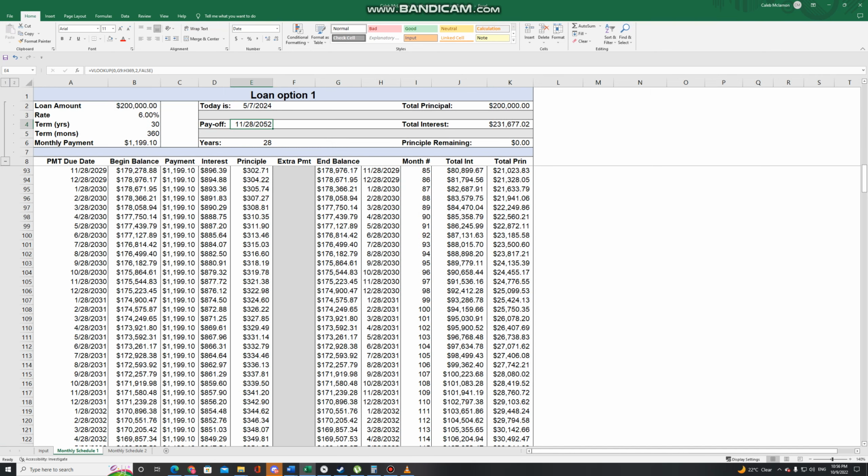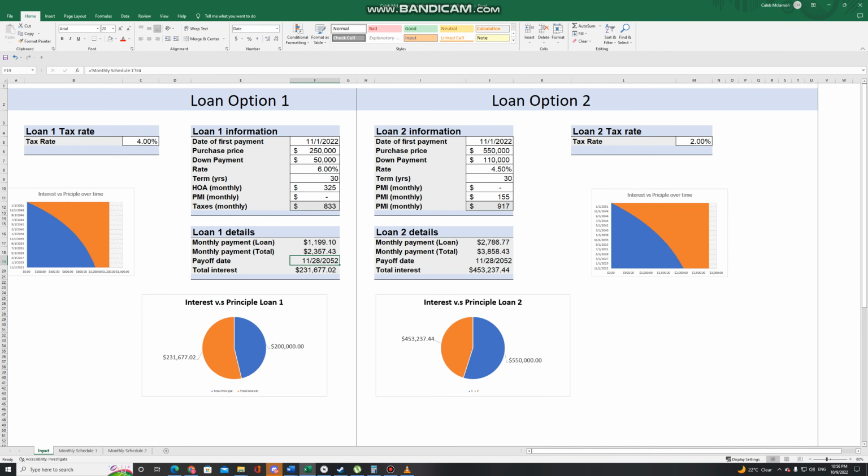Technically, if you're saying it's a 30-year loan, you could take this number and then add the amount of years, and get a payoff date that way.